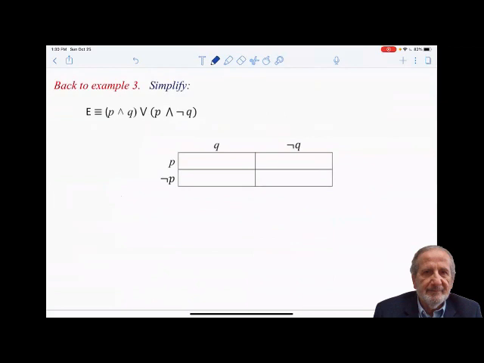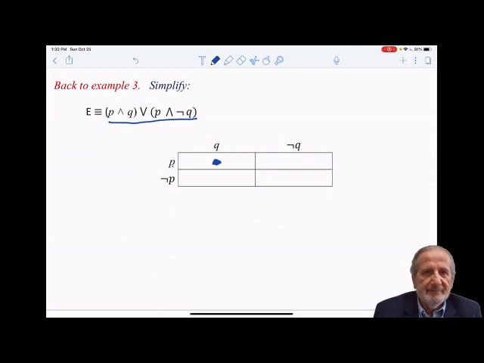For 2 variables, you make a table like this. Now here you have P, not P, Q, not Q. And now we're going to map our expression. You have P and Q, you put the number 1 or a star or a dot, just mark this box here.